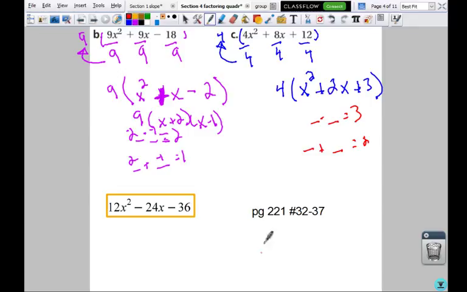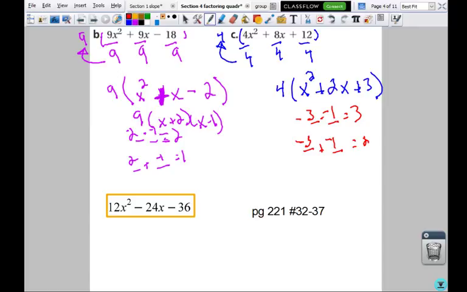So what times what is 3? 3 times 1. 3 times 1 is 3, but 3 plus 1 isn't 2. Maybe I could try negative 3 times negative 1, which is positive 3, but negative 3 plus negative 1 isn't 2. So even though it looks like we can middle factor this one, we actually can't.